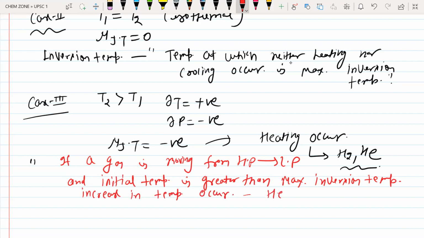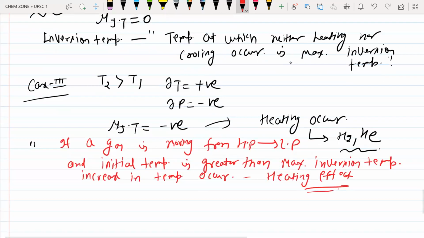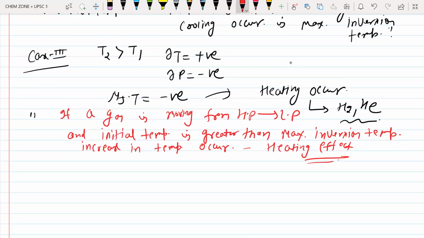This is the Joule Thomson heating effect. These are the cases which are related to the value of Joule Thomson coefficient.